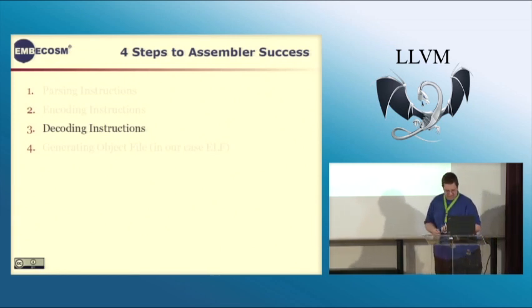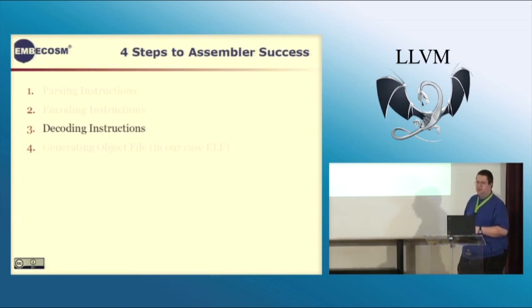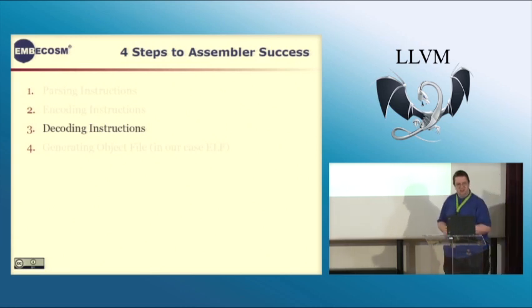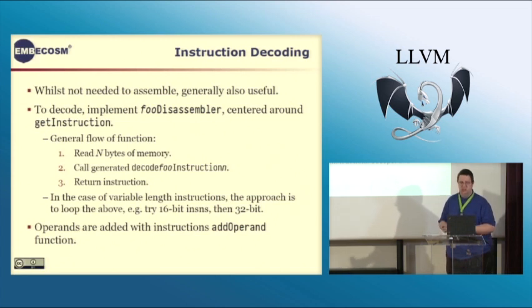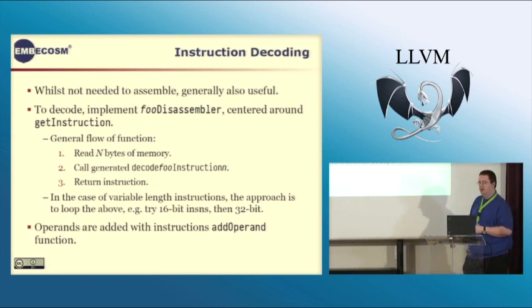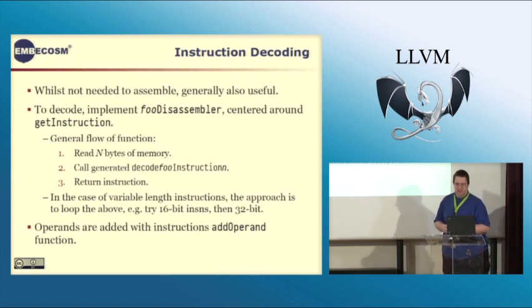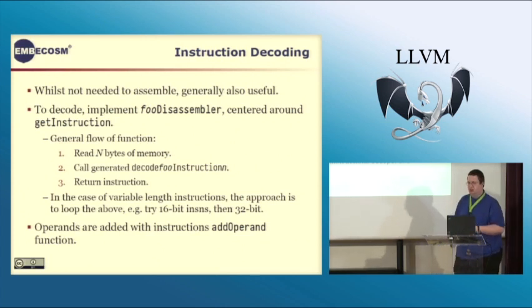In the case of decoding, that's a relatively trivial matter once you've done the encoding, because essentially for all the functions that you've written to do the encoding, you write a function to do the opposite. There is the added thing that you may not necessarily know where an instruction starts and stops if you have an architecture with, say, some 16-bit instructions and some 32-bit instructions.